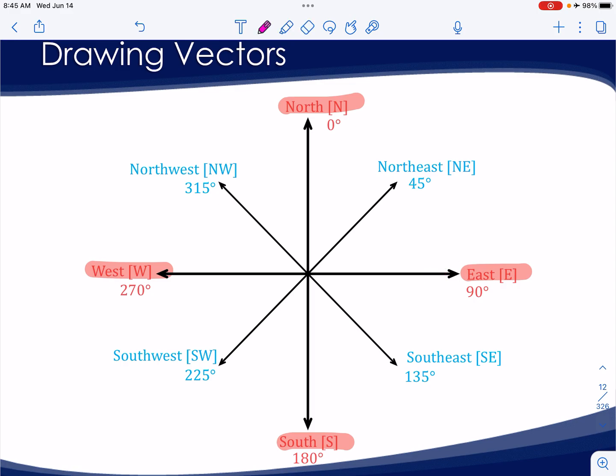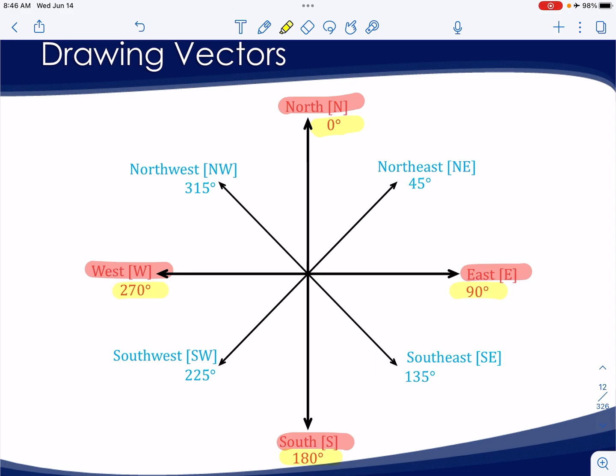So if we look at it that way, this is 0 degrees here, and we usually go in a clockwise direction. This is 90, this is 180, and this is 270.